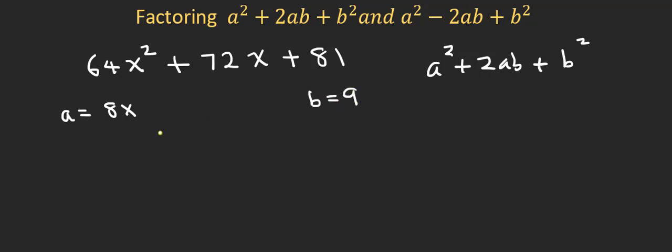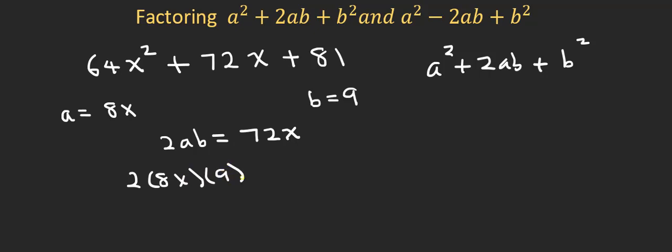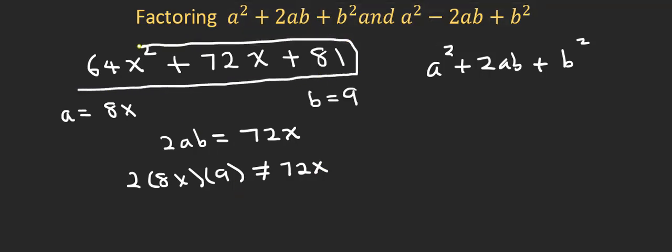Now we have to check whether 2ab is going to equal 72x. So 2 times 8x times 9. Notice, it is not equal to 72x.